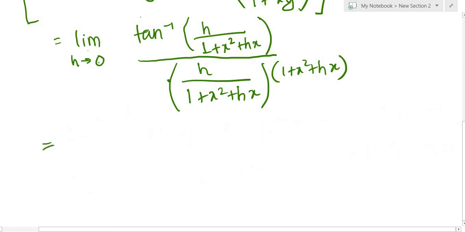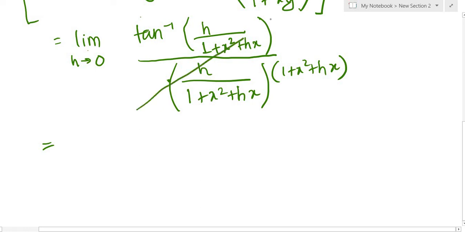And when h goes to 0, this entire argument goes to 0, because in the denominator you have 1 plus x squared, and this thing will go to 0. So you have 0 over something which is 0, and again here it's 0 because the argument and the denominator match.